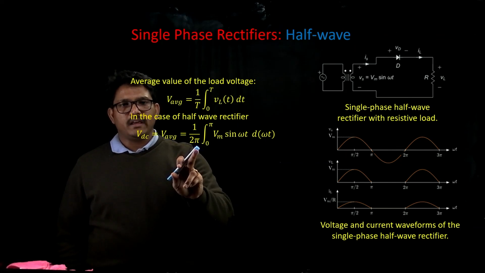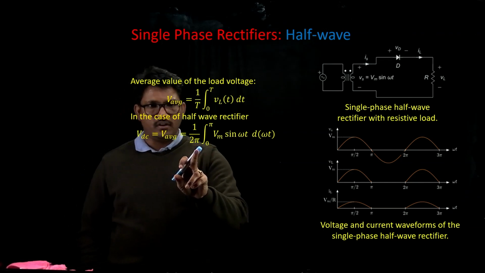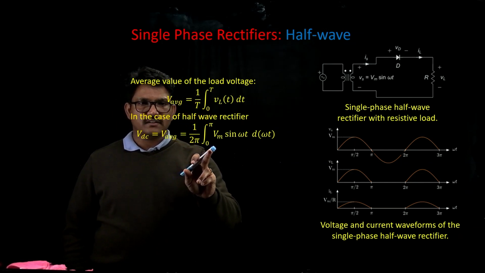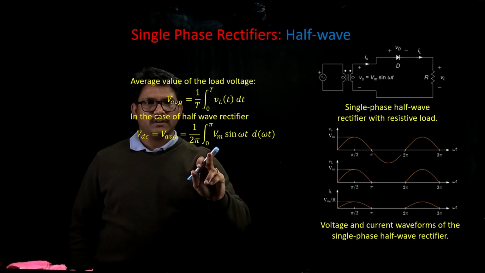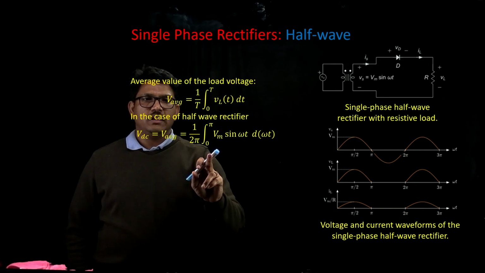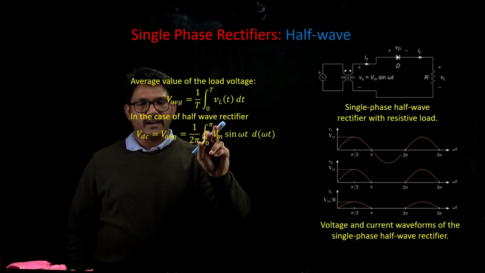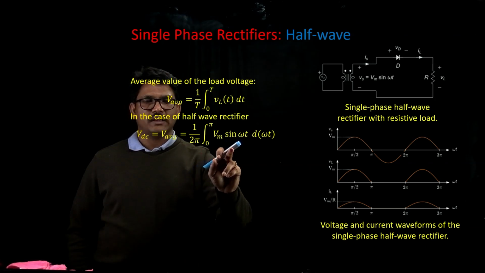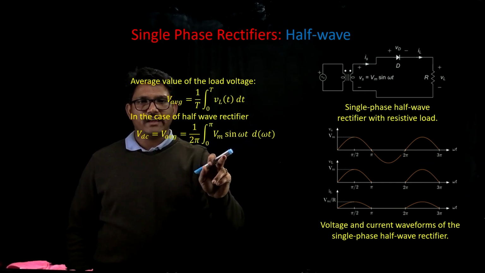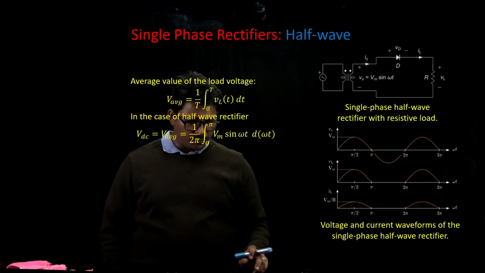But you do not have any waveform after pi till 2 pi, so we will consider the area only from 0 to pi. From 0 to pi, my output voltage follows exactly the source voltage, so I have to integrate Vm sine omega t, which is nothing but my source voltage itself. This is how we get the average value of the output voltage.